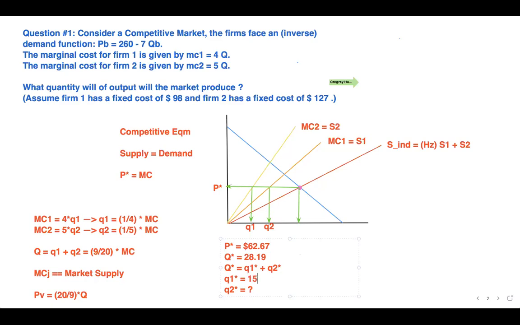I got 15.65. Okay. And 12.52. And do you want to add those two together just so we can verify? It's 28.19. Yeah, I got 28.17. So that would be close enough. We have a rounding error issue, but for our purposes, the number is big enough that 28.17 and 28.19 are close enough.